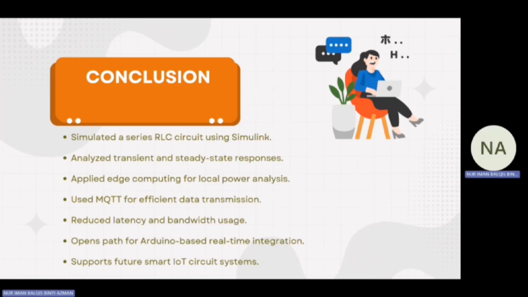For the conclusion, to summarize, this project successfully simulated a series RLC circuit using Simulink, allowing us to analyze both transient and steady-state behavior. We integrated edge computing by performing local power analysis within the simulation and used the MQTT protocol to transmit only the essential data.